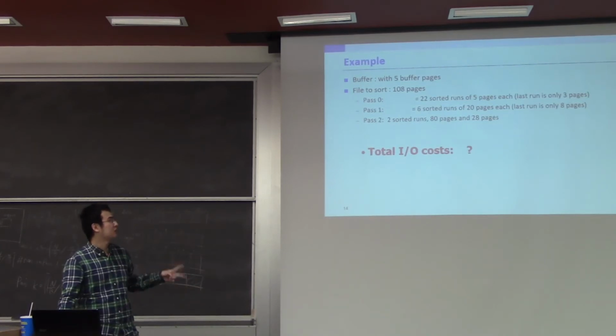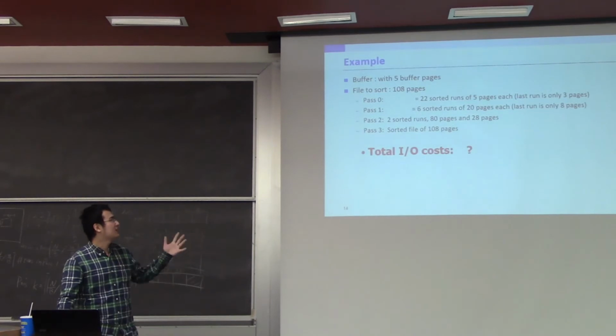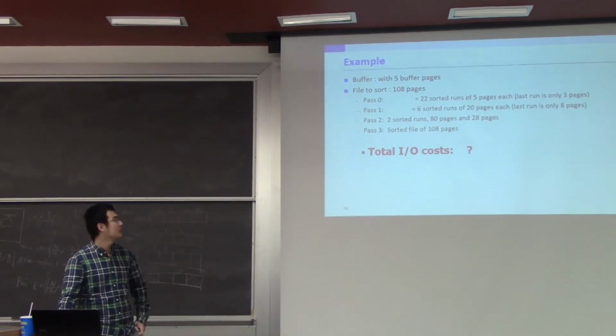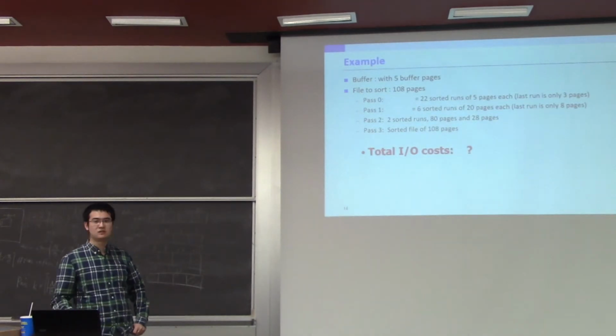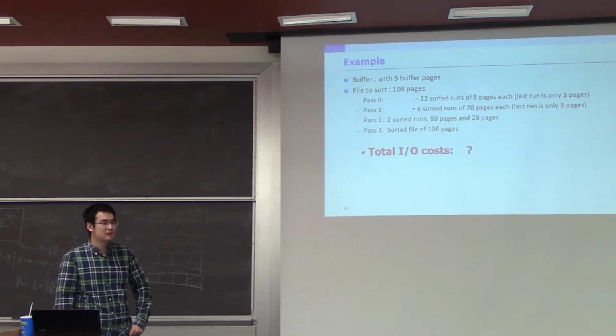That will give you 2 sorted runs, 1 run with 80 pages and the other with 28 pages. So you need the last pass that will merge the 2 sorted runs from pass 2, and that will give you a sorted file of 108 pages. So the total number of IOs here, what is the total number of IOs? Can anybody give me that number?